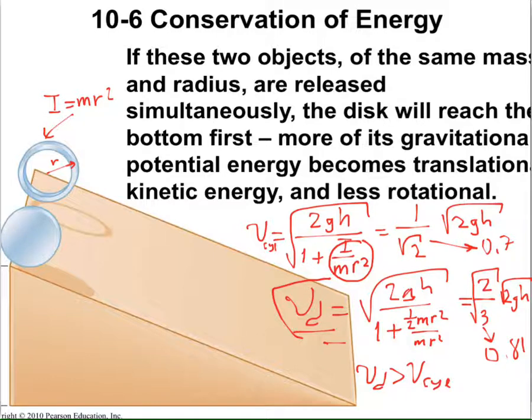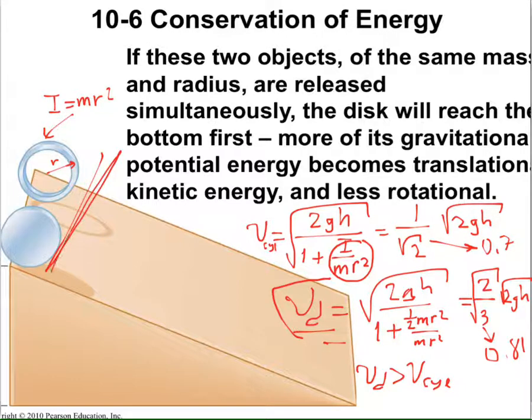As I said, the cylinder has a rotational kinetic energy of m r square omega square, while the disk has 1/2 m r square omega square, which is less rotational kinetic energy. So the one which has less rotational kinetic energy will have larger linear speed.